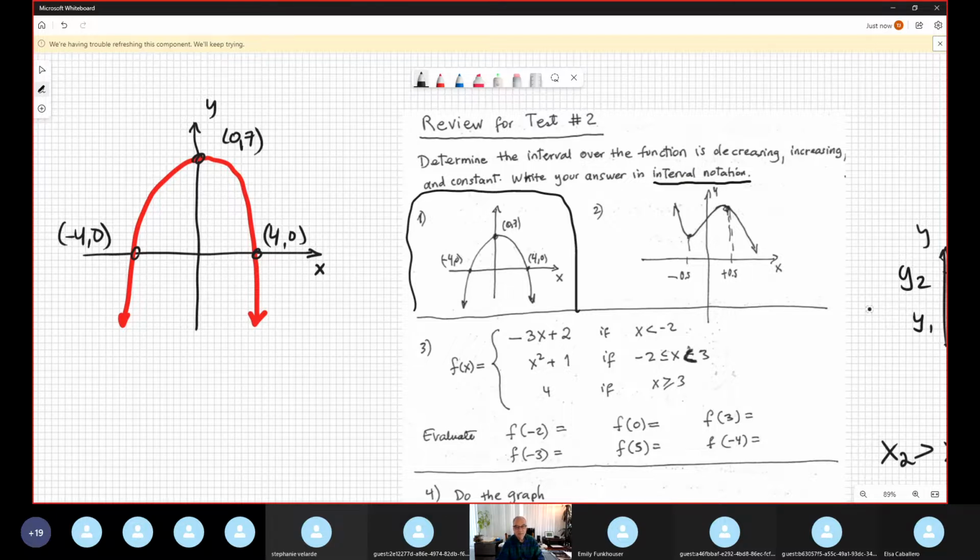Yeah, I need to find the interval when the function is increasing, decreasing, or constant. Obviously, that function is never constant because, remember, you analyze the roller coaster car. This is my roller coaster car. And the roller coaster car travels always from left to right.